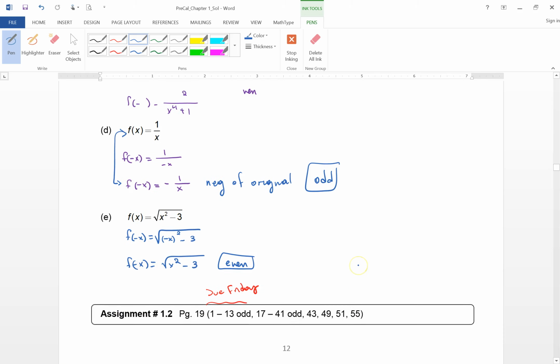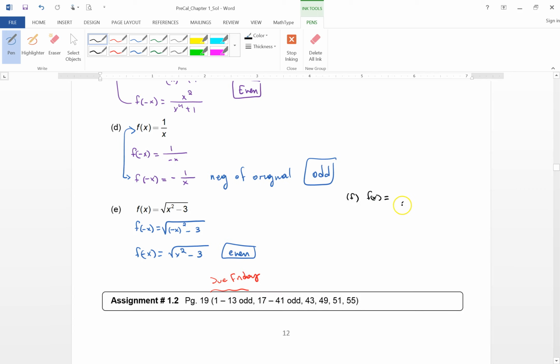All right, so do this one. I'll take questions, but I'm going to add another one. I'm going to add f to here. So do this one, please.